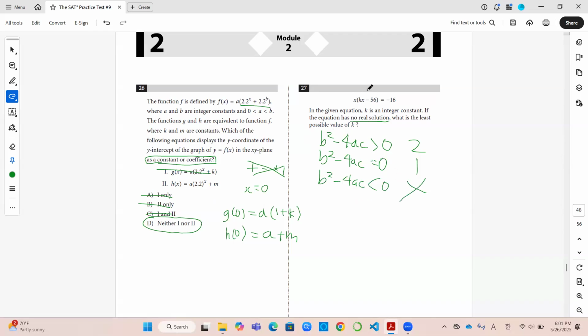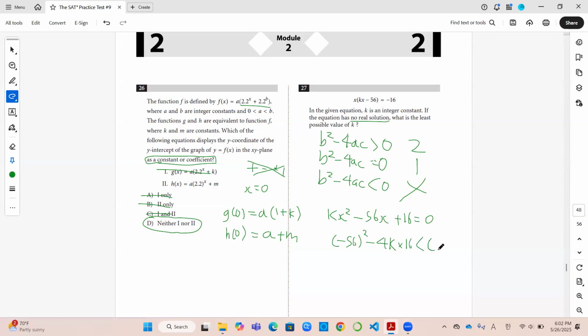So I'm going to go ahead and work this out. So kx squared minus 56x plus 16 is equal to 0. And I'm going to do b squared minus 4ac, so minus 4 times k times 16.